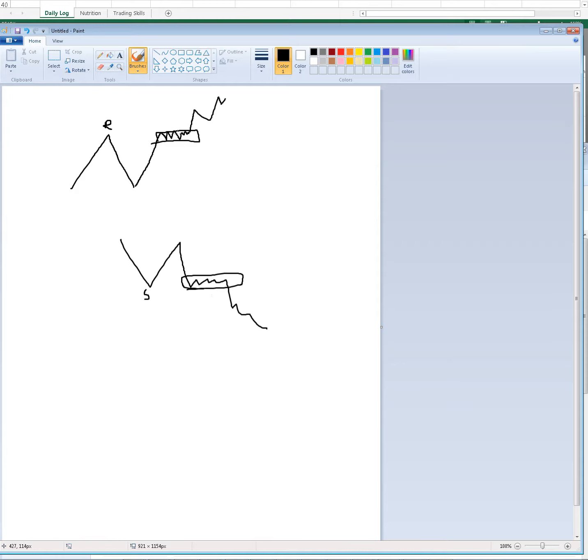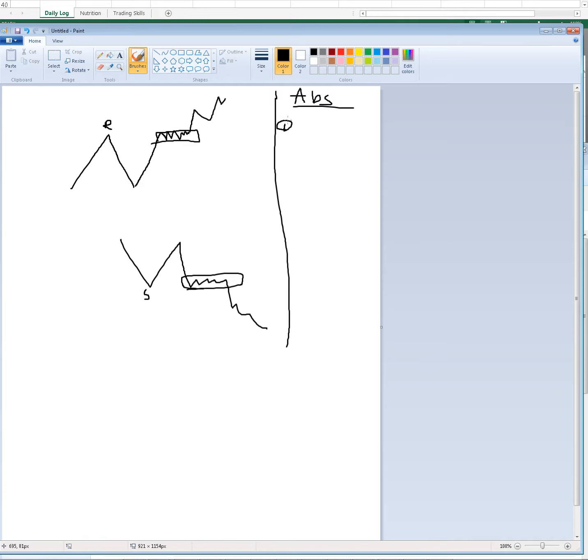Now how do you identify absorption? There are a couple of conditions for absorption. The first is inability to really pull back. So you're not going to have a reaction that's deep.